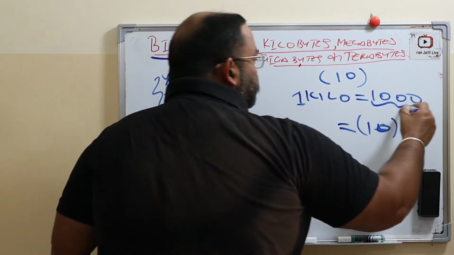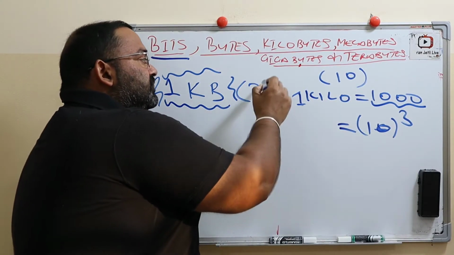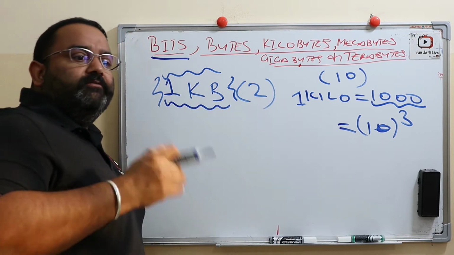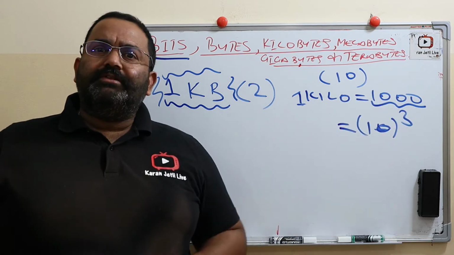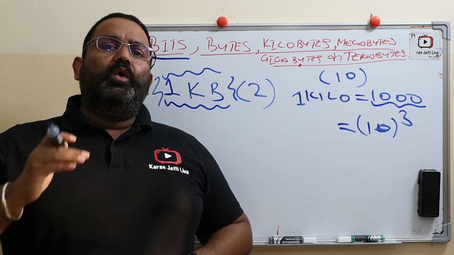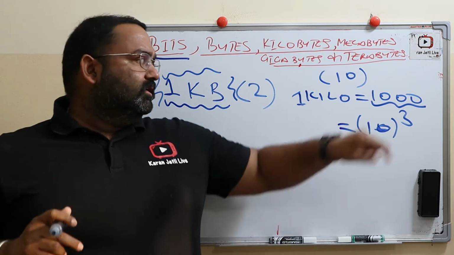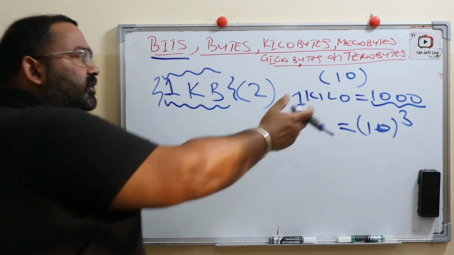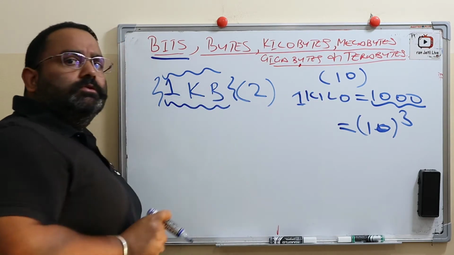Now in computer the base is 2. So everything has to be power of 2. In real life everything is power of 10. 1 kilogram, 1 quintal, 10 power 2, 1 ton, 10 power 3 and so on. So in real life our base is decimal, that is 10. In computer our base is 2.